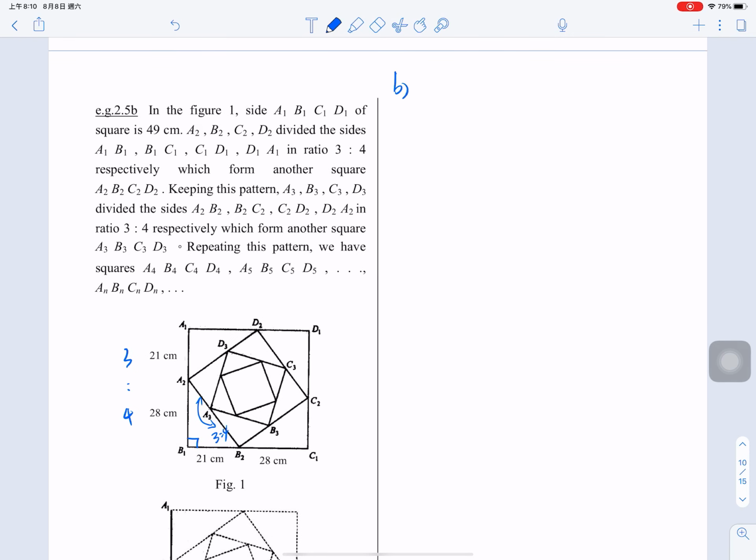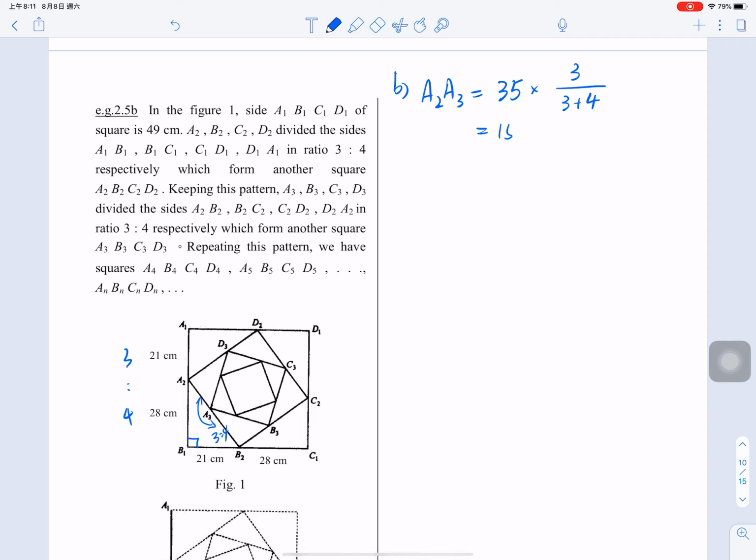So part B, what is the length of A2, A3? Just now in part A, you found A2, B2, that means total 35, right? A2, A3 is in the ratio 3 to 4, okay? So 35 times 3 over 3 plus 4, right?